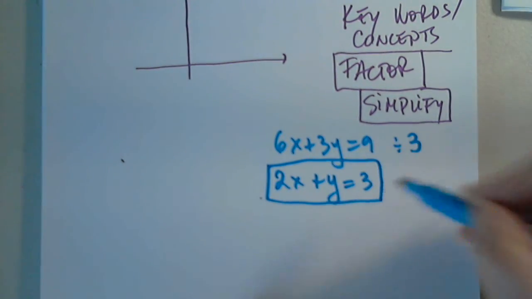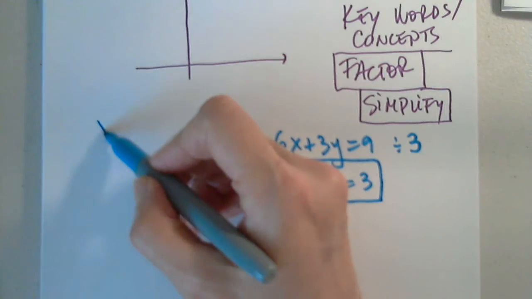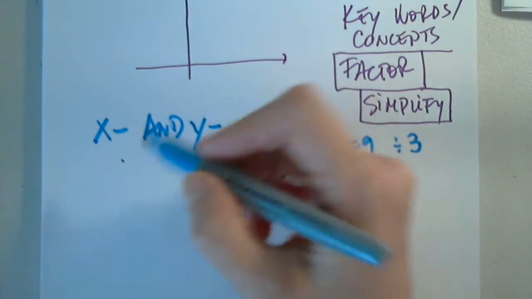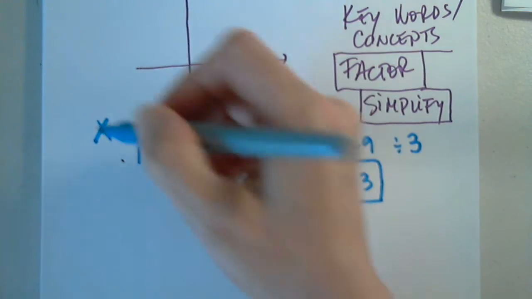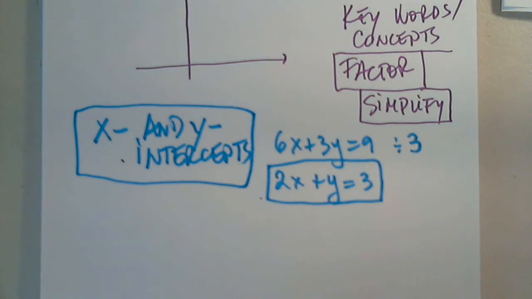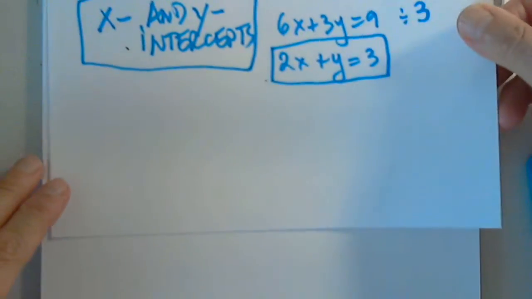Now, whenever I graph a linear equation, or any function for that matter, I will always look for the x and y intercepts. Always, if they exist. In certain situations they may not, but I will always look for them.